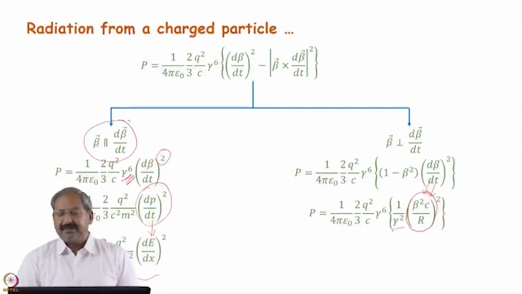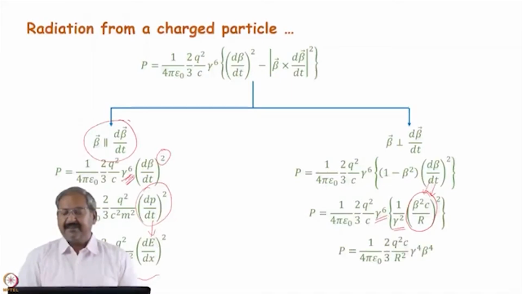And here you can see that because of 1 by gamma square, and here is gamma raised to power 6, gamma raised to power 4 will be there. Means radiated power depends strongly on gamma, not only depends, strongly depends, because of gamma raised to power 4.